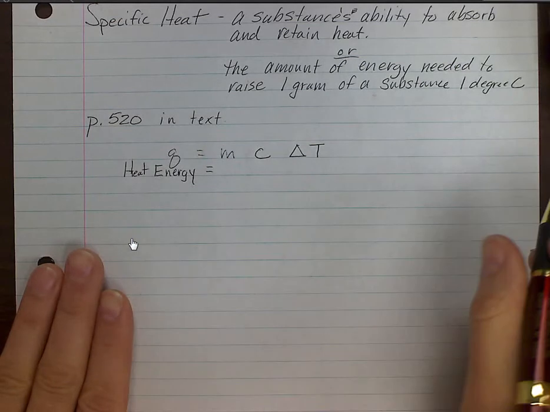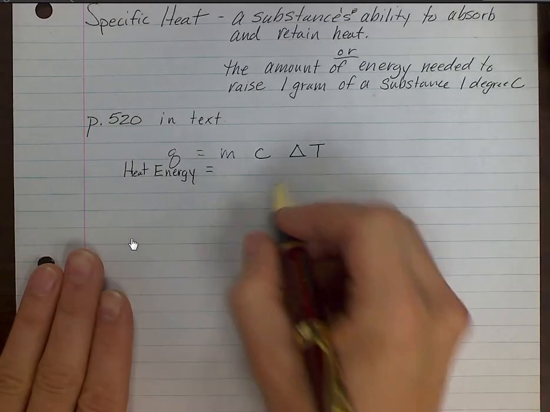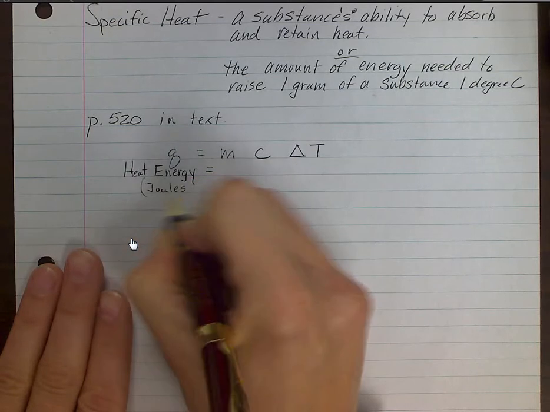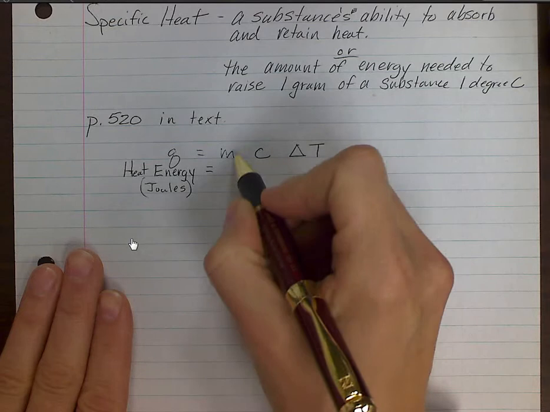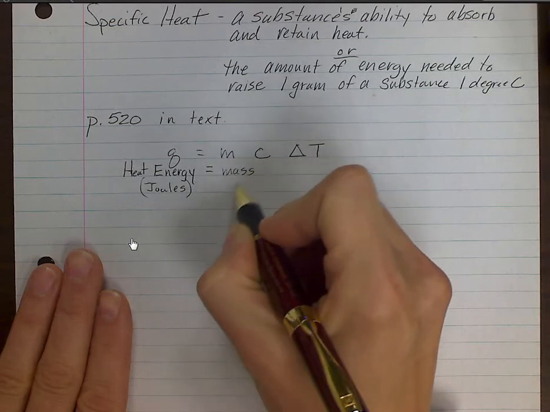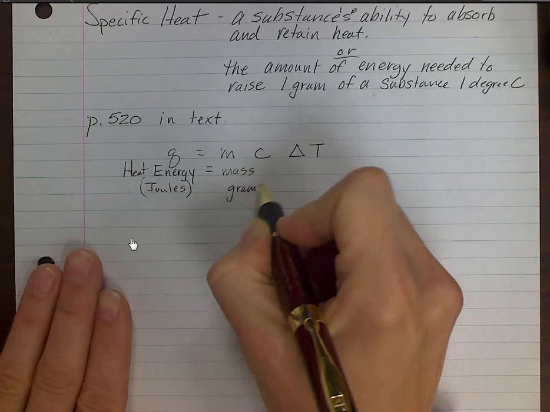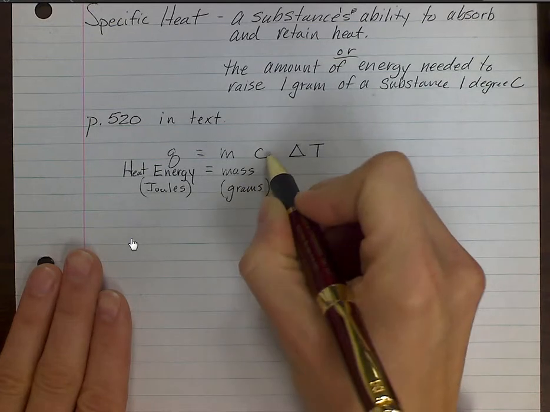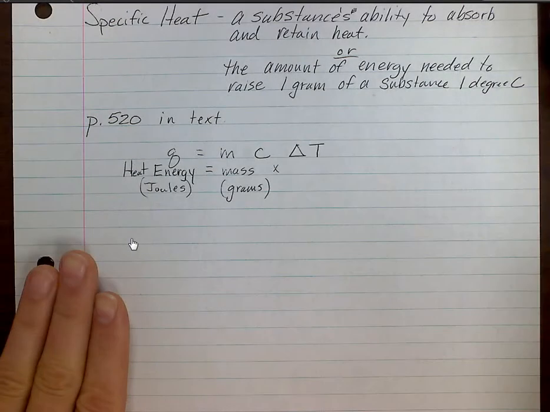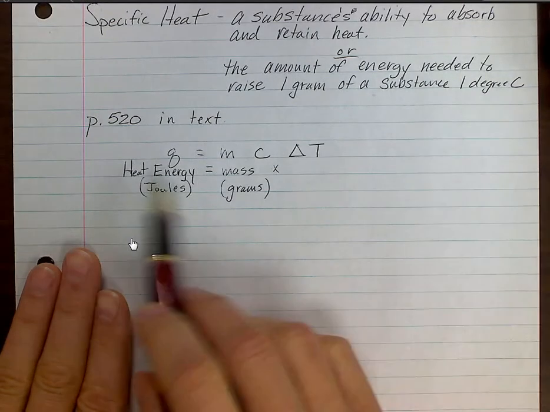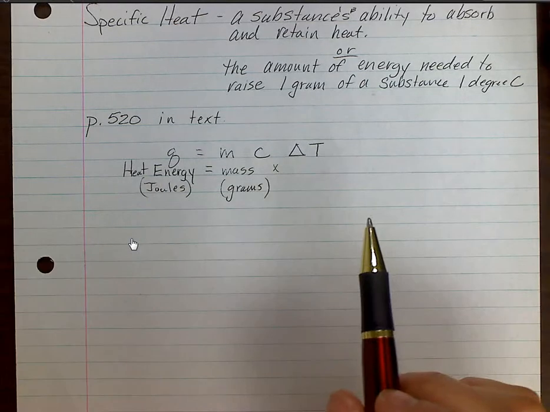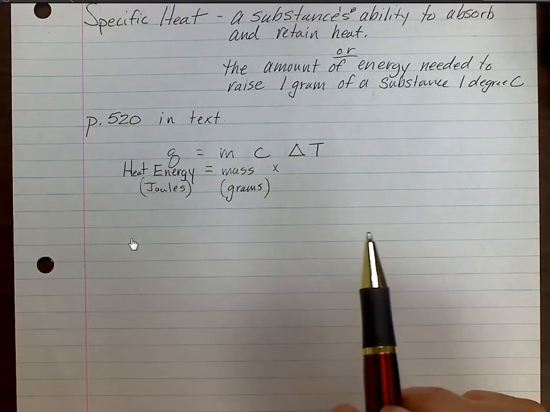So Q is heat energy, which is measured in joules. Joules is the metric measure for calories. M is mass, and mass is measured in grams, times the specific heat. Lowercase c stands for specific heat. And be careful, heat energy and specific heat are different things, so really pay attention to which variable your problems or the lab is asking for.